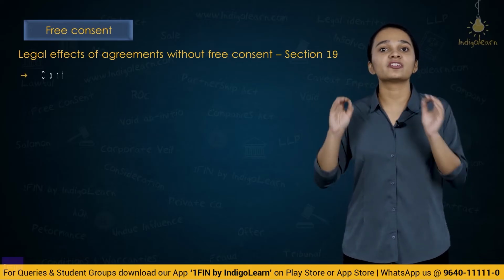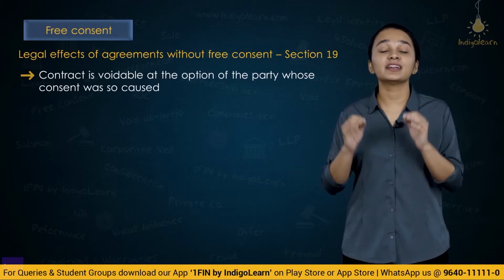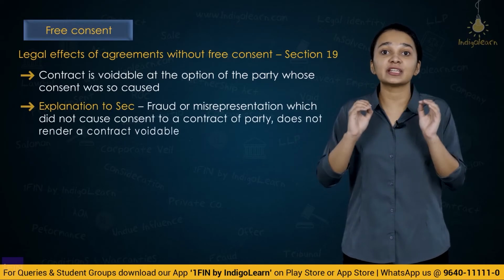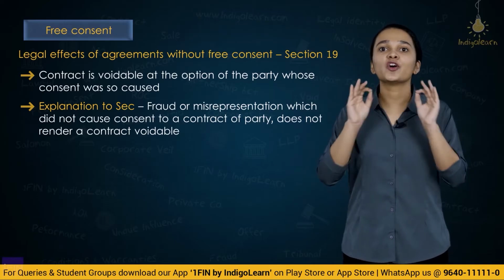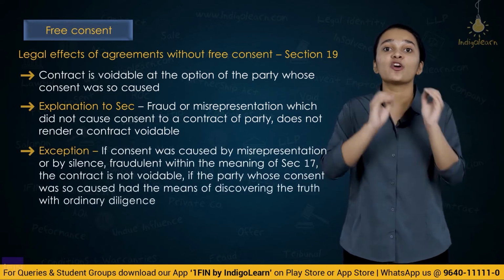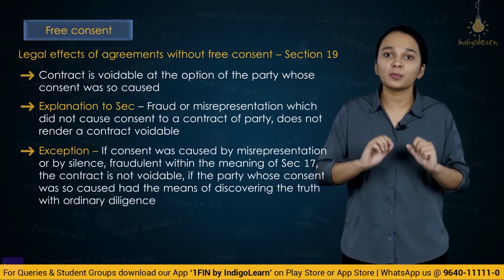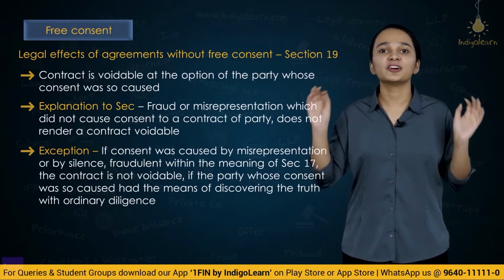What are the effects? The contract is voidable and can be avoided by the aggrieved party. But if a person has not been actually misled by the fraud and misrepresentation, then in that situation he cannot avoid the contract. Or if the person by ordinary diligence would come to know about the actual facts, then in that situation as well he cannot avoid the contract.